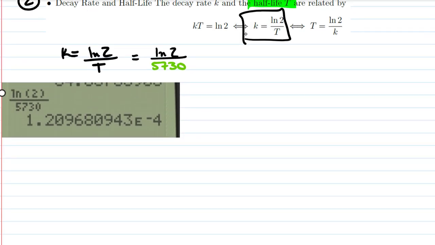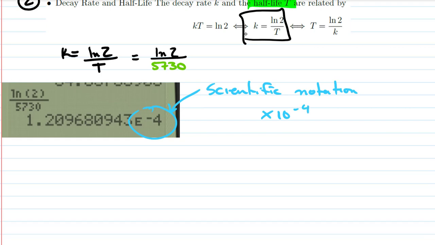And just to remind us, this e to the negative fourth means scientific notation, and that means times 10 to the negative fourth power.